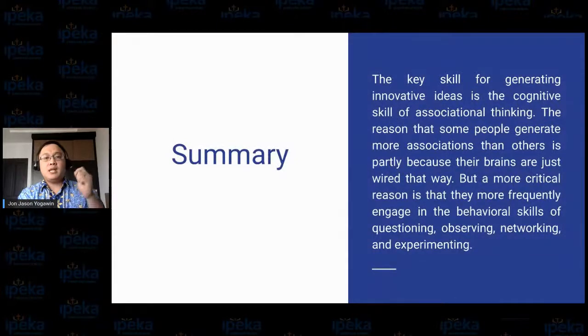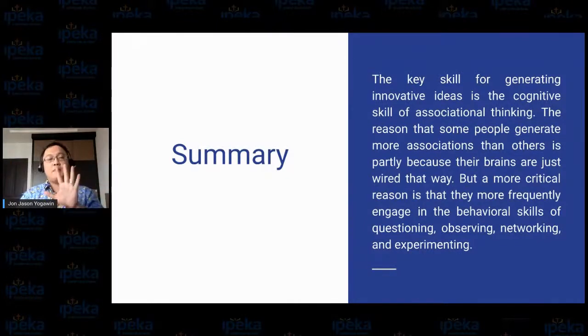Okay, so in summary, the key skill for generating innovative ideas is the cognitive skill of associational thinking or associative thinking. The reason that some people generate more associations than others is partly because their brains are just wired that way. But a more critical reason is that they are more frequently engaged in the behavioral skills of questioning, observing, networking, and experimenting.